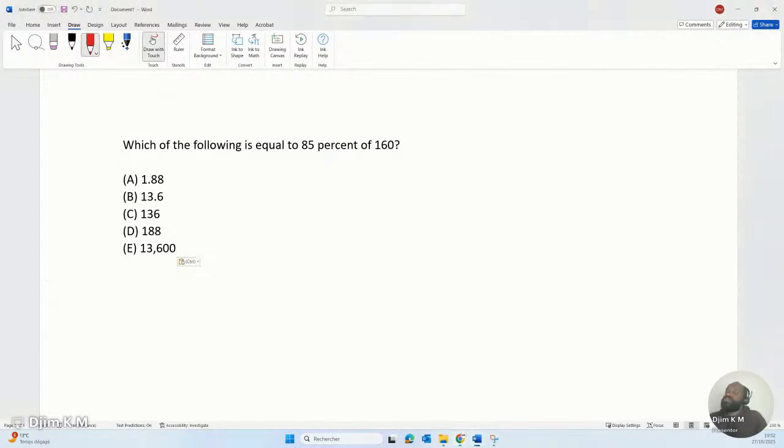Which of the following is equal to 85% of 160?